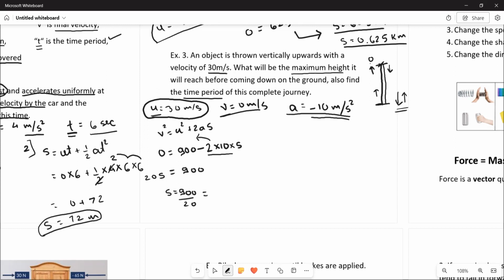This 0 will get cancelled with this 0 of 20, and 90 upon 2 is equals to 45 meters. Always remember the unit.